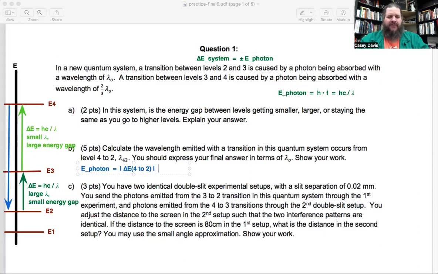So we should be able to just add energy gained from 2 to 3 plus energy gained from 3 to 4. And each one of those individually can be written as hc over lambda.